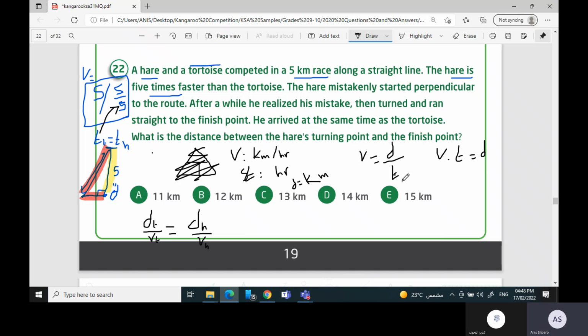So let's put all the values we know. This will give us the distance covered by the tortoise, which is given as 5 kilometers. Let's skip the units now. Over the velocity of the tortoise, which is S over 5.